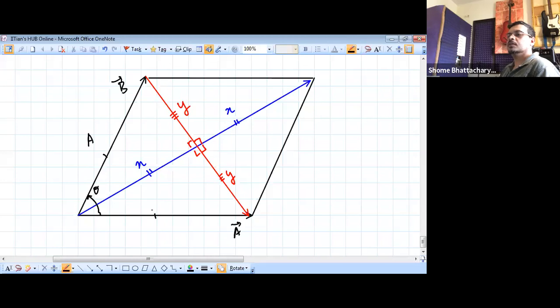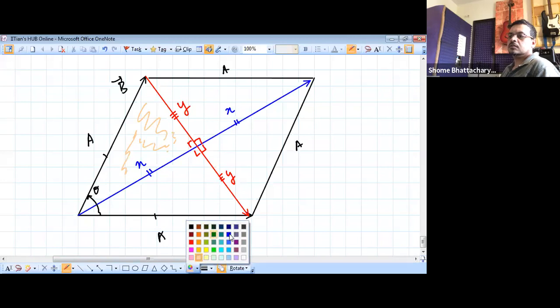It's capital A. Now see any one of these triangles, like the one that I'm shading over here. Just look at this triangle which I'm shading. So in this triangle, you can see that this angle is alpha, where alpha is theta by 2.